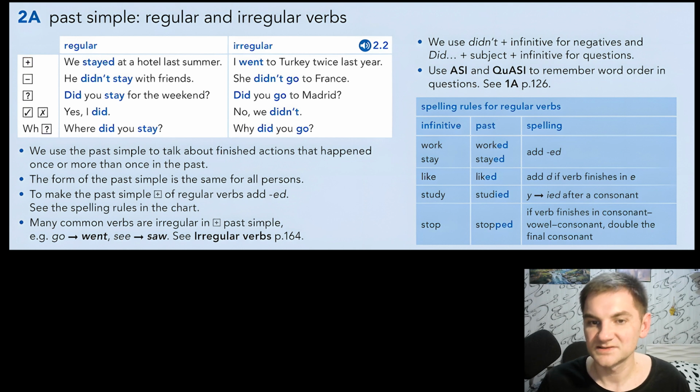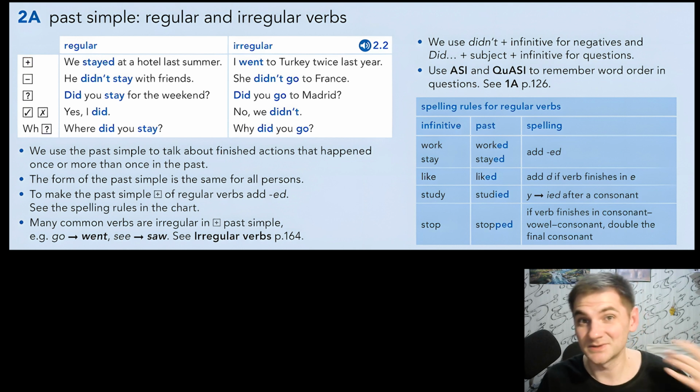Stop, stopped. Yeah, you see here we have a double p. If the verb finishes in consonant, vowel, consonant, double the final consonant. Just keep in mind one thing, you can't learn this rule by heart and do everything correctly always. So use your intuition sometimes and just practice, practice, practice.